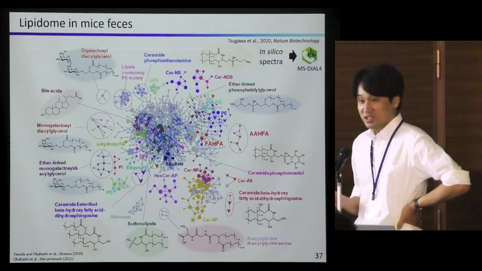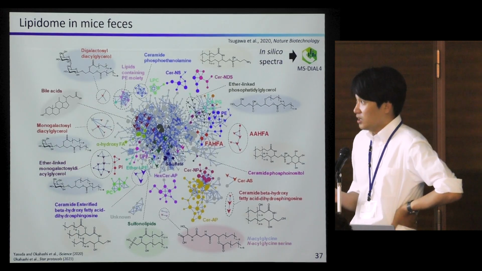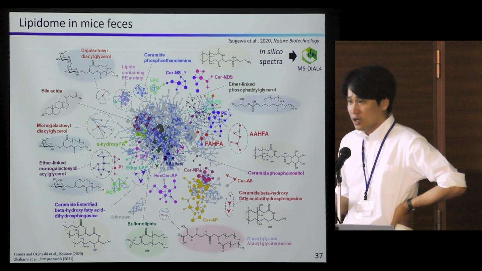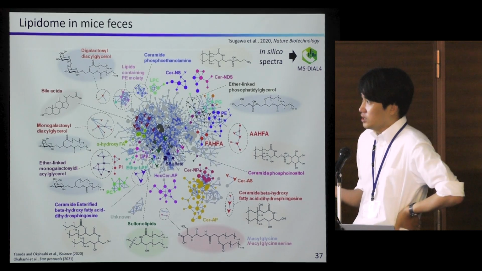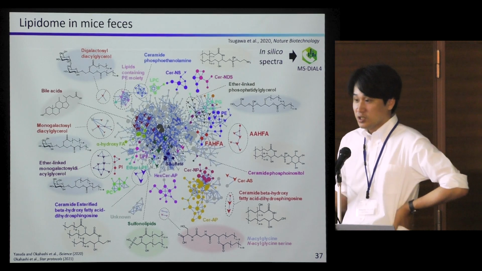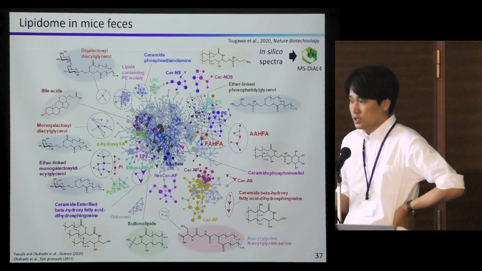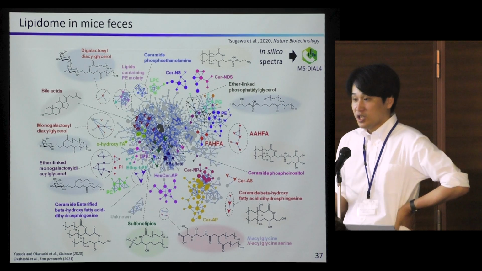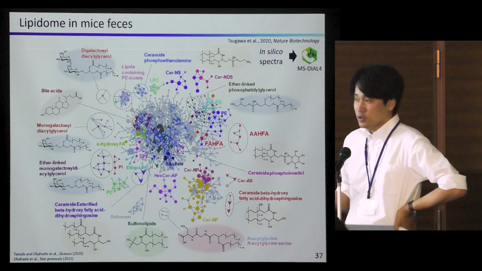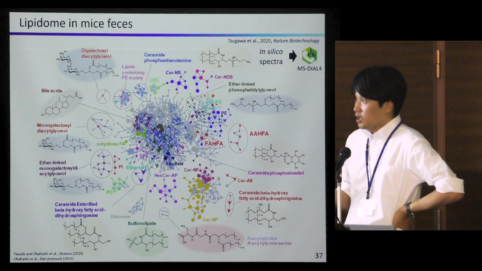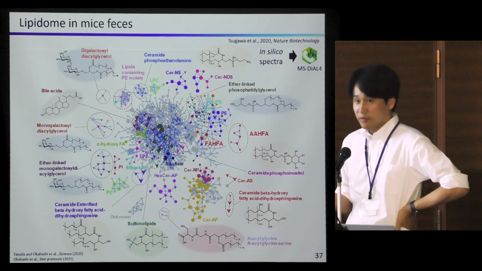This analysis reveals the potential of finding new molecules. Actually, the mass spec database is currently very poor because databases are developed from commercially available standards. These bacterial-derived lipids are not available commercially.